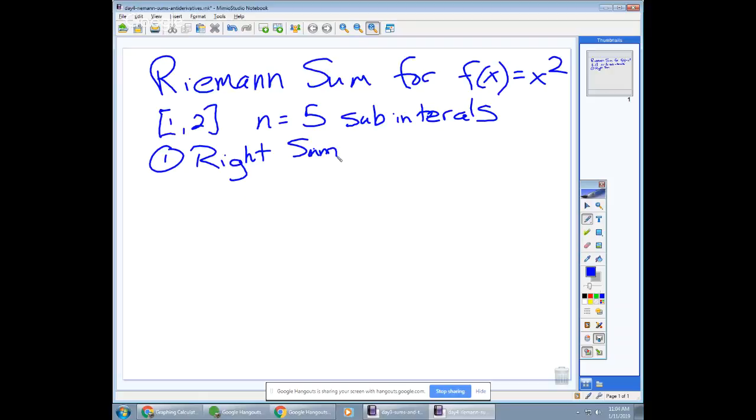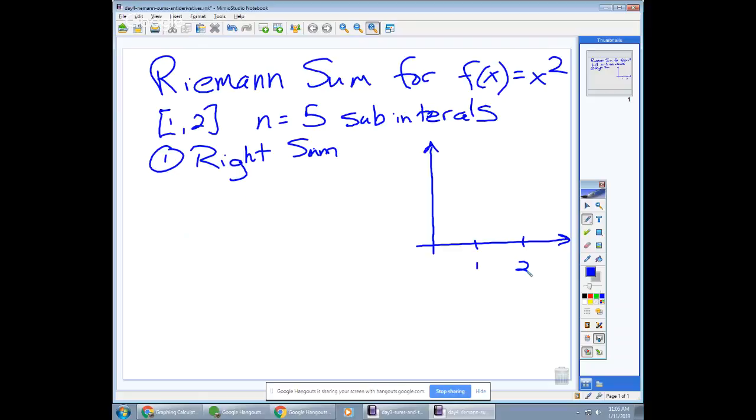So the first thing you should do, I always like to get a picture of what I'm doing, is a quick sketch of the function. Here I'm only going between 1 and 2, so I just want to focus on that region. If I plug in 1, I get 1.